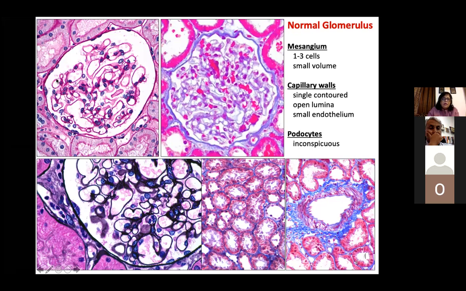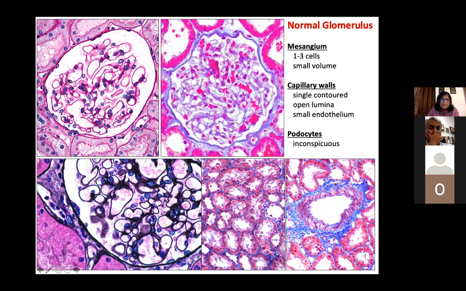Then this whole round thing is the Bowman's space, and it is bound by this membrane which we call Bowman's capsule. The space inside is called Bowman's space. Within this, a tuft of capillaries, the glomerulus, is held at the point of hilum. Since these are capillaries, they are bound to have endothelium.